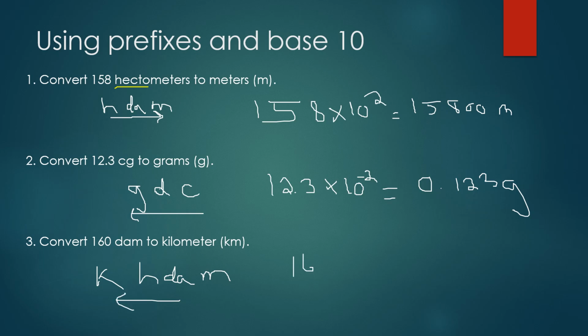So the question is, we're going to take our 160, what are we going to multiply by? Hopefully you said -2 because we're going from a smaller unit of measurement to a larger one, which means it takes less of that same unit to make the same amount. And then we have the label of km.